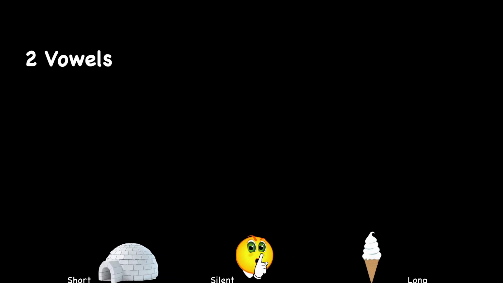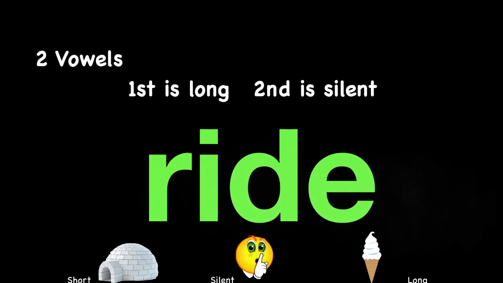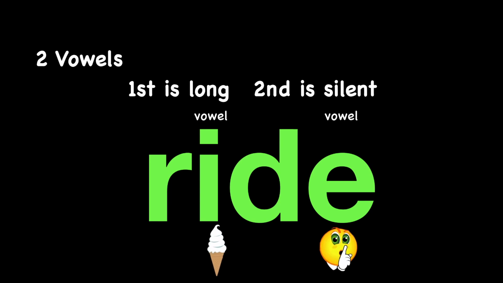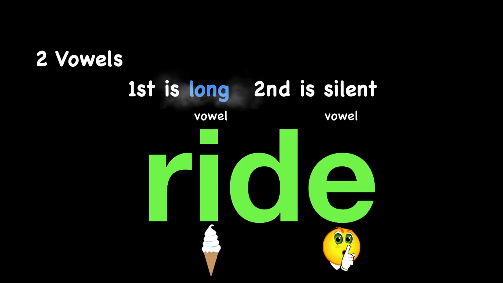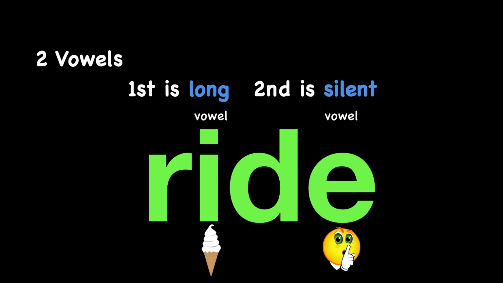Rid. But if there's two vowels, we said the first vowel is long and the second is silent. For example, R-I-D-E, we have two vowels. The first is long, which is going to be the I. The second is silent, meaning we see it, but we don't hear it. Ride.